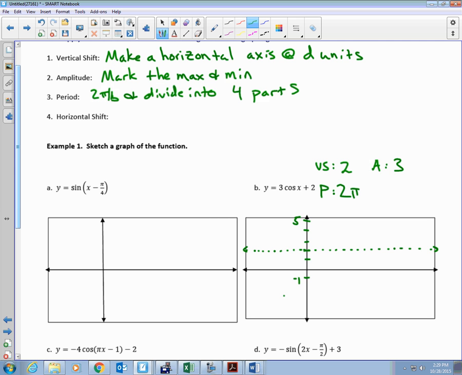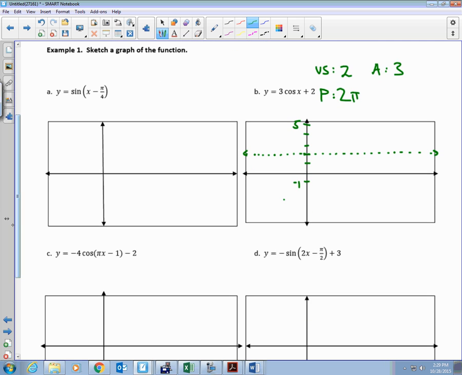So I'm going to mark 2 pi and divide it into 4 spots. Let's divide it in half, and what do we get? Divide in half again. Pi over 2. Now let's count. 1 pi over 2, 2 pi over 2, 3 pi over 2. Good.